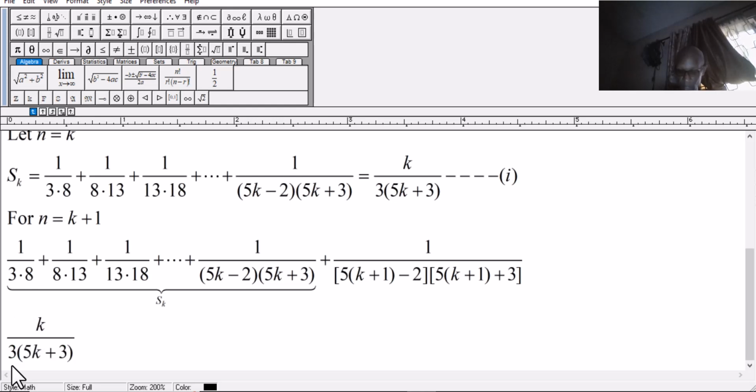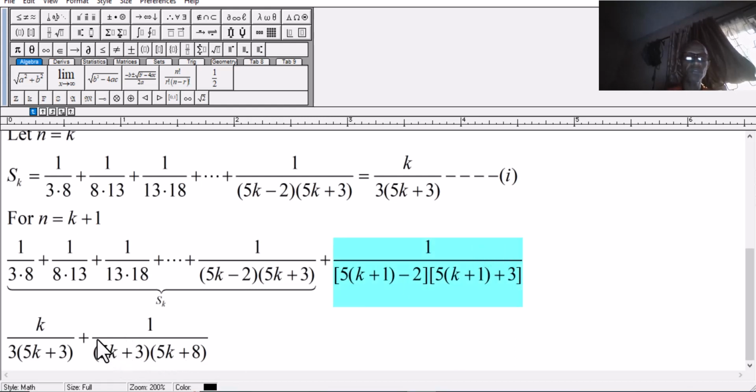Don't forget that. So plus, now this one, let me simplify it. So we have 1 over 5k plus 3, then the other one will be 5k plus 8. So this is what we have for that. Simplifying this gives us this.